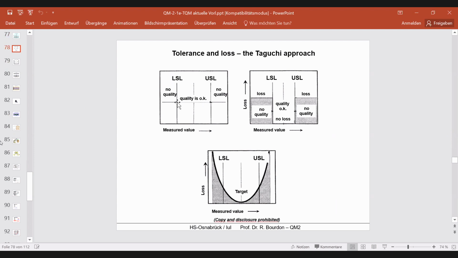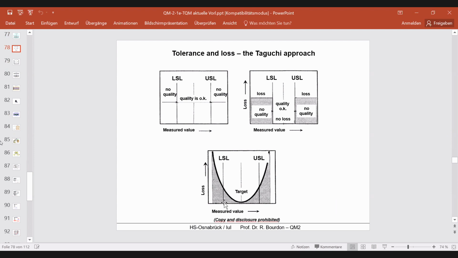And if the quality is between the specification limits, then the quality is okay. If it's outside, there is no quality, there is crap, and you cannot sell the parts. So inside is okay, outside it's not okay. This is a black and white method. So inside there is no loss, you can sell all the parts, and outside there's no quality, you have loss.